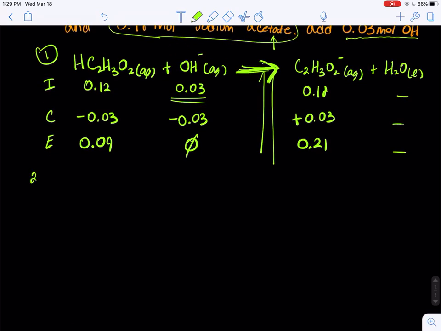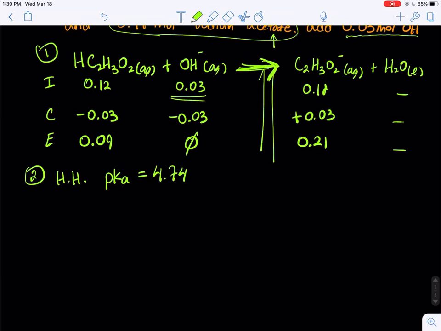And then next is to use the Henderson-Hasselbalch equation. Now the pKa for acetic acid, once again, in that Appendix 3, is equal to 4.74. And we're going to expect this pH to go up from whatever its initial value is.